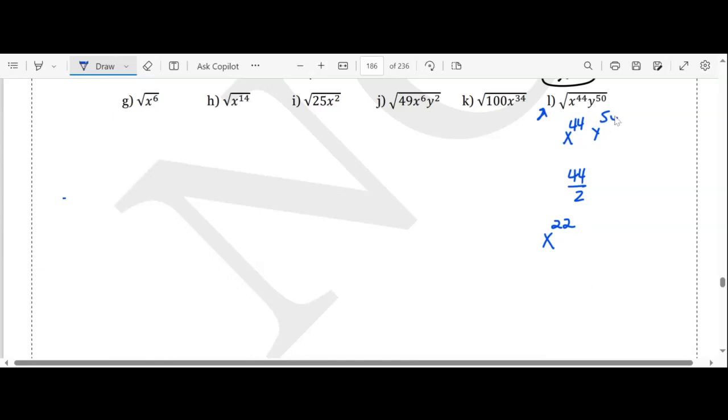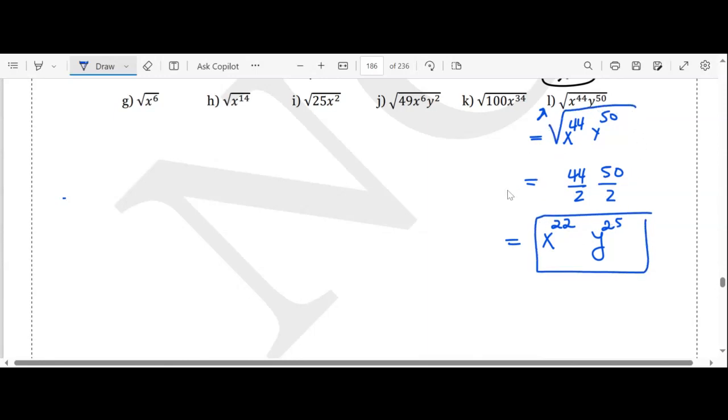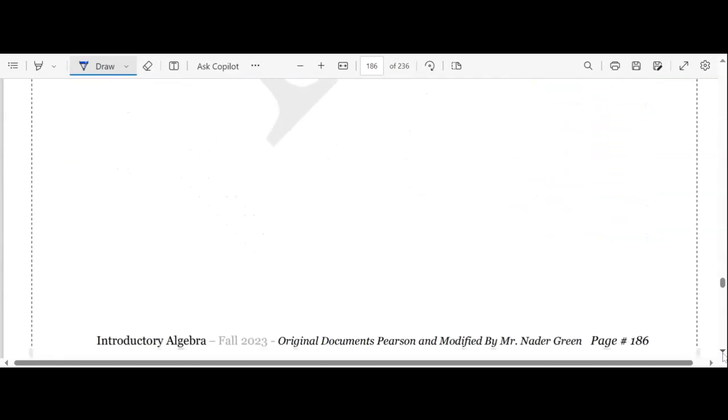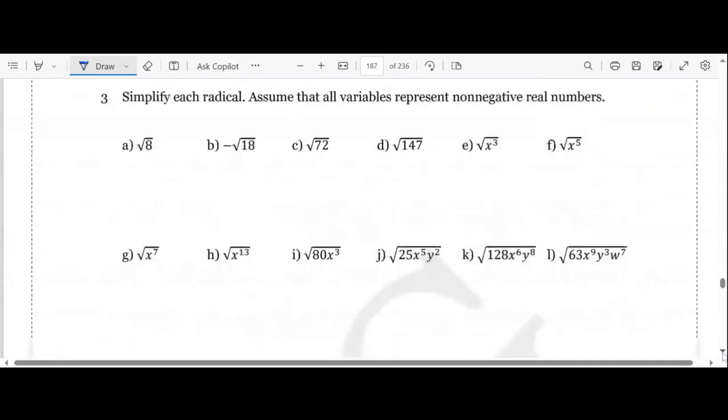And y to the power of 50. 50 divided by 2, how much? 25, right? Very good. So is this clear? So that's your answer, right? Any questions? Let's go to the next question.